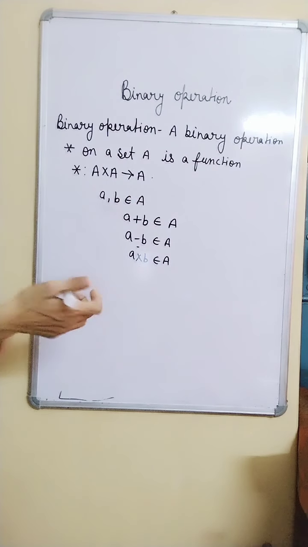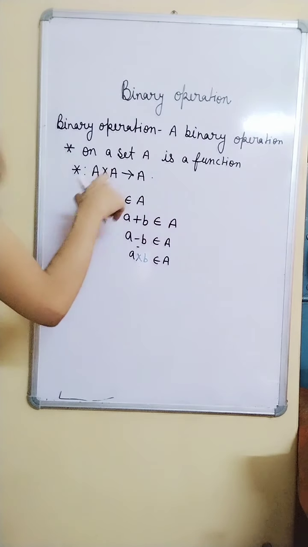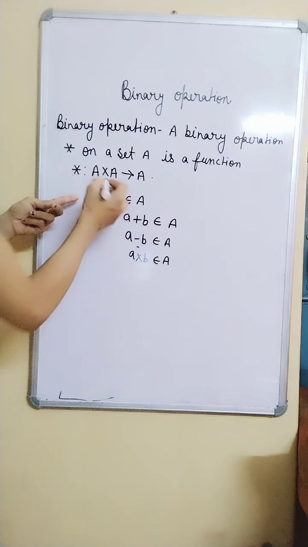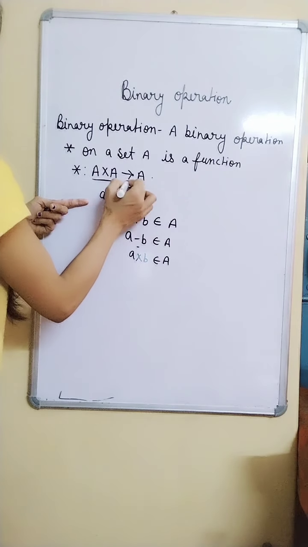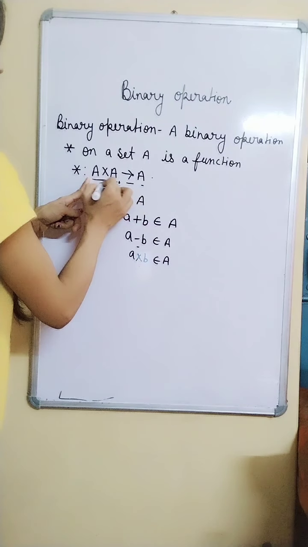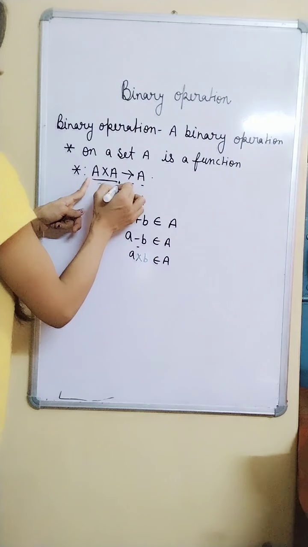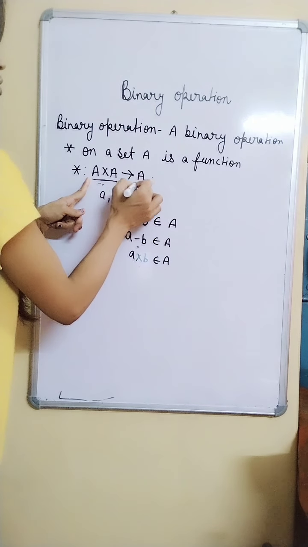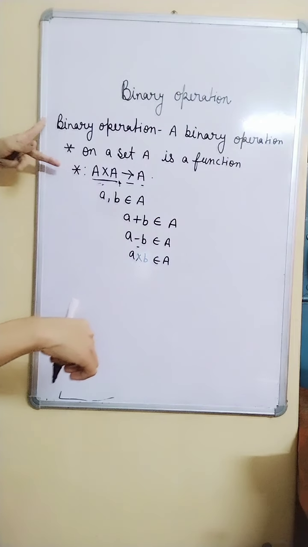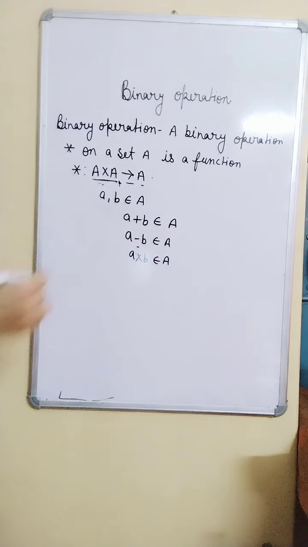So we can say that it is a function which associates the elements of A cross A to set A. Means if you apply any operation between the elements of set A, then the result will also belong to set A. It means this operation is a binary operation. If it is not true, it means that is not a binary operation. Clear? So I hope this definition is clear to you.